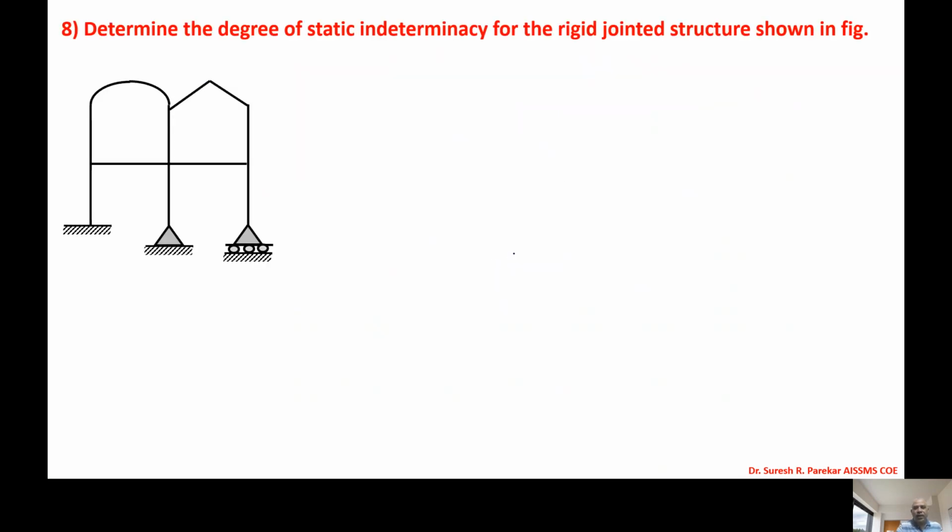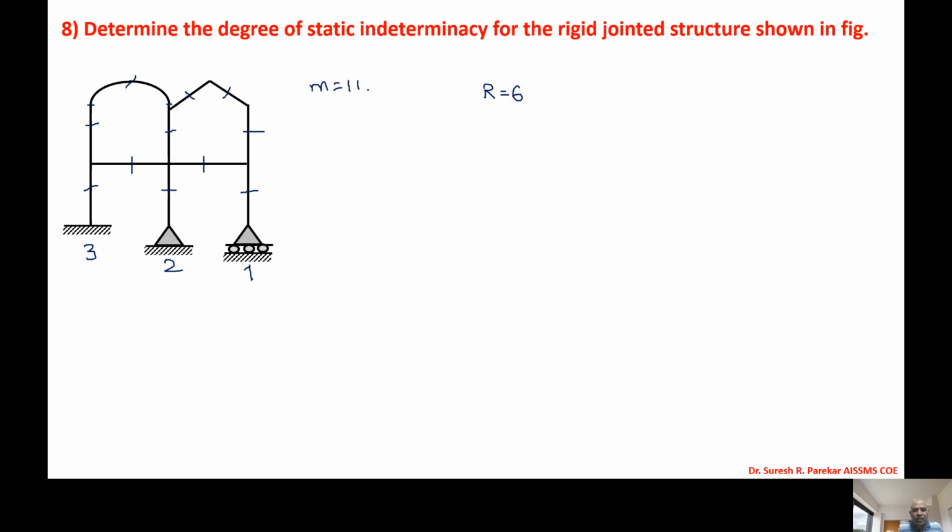Then we have one problem, pin rigid jointed. So we have 3, 2, 1. So we have R equal to 6. Then we will go for M. So we have M equal to 1, 2, then we have a joint over here. So this is the third member. Then we have the fourth, fifth, sixth, seventh, 8, 9, 10, 11.